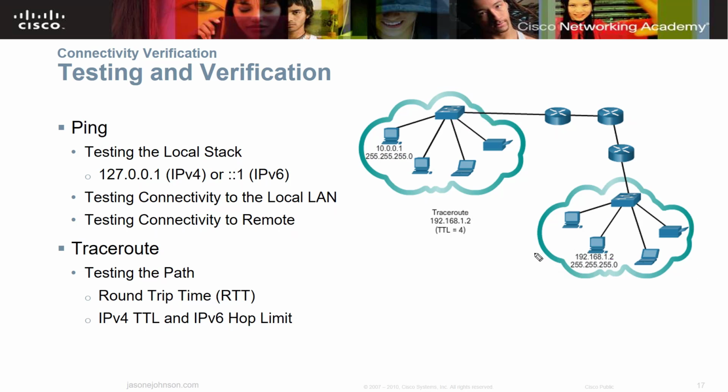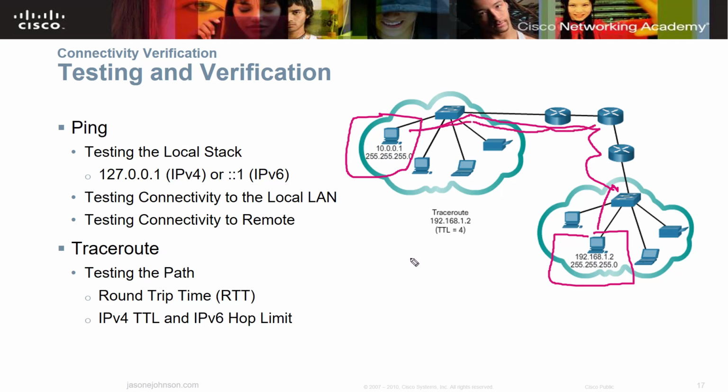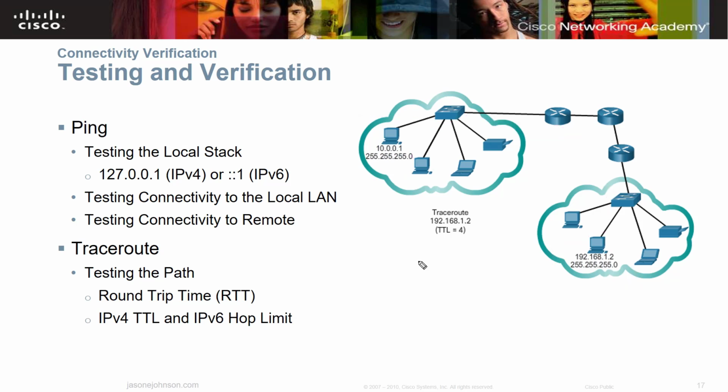Let me erase all of this. What it's going to do is say, okay, here's my switch, here's my first hop, here's my next hop, and then there, and it will give you all that connection information as it goes through. And if it times out, if it's too far, or if it doesn't get there, then it'll time out. But that's your traceroute.